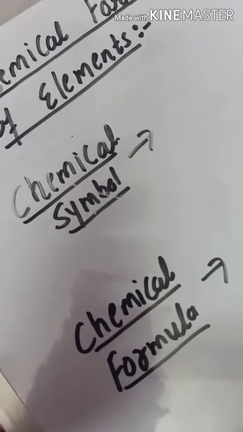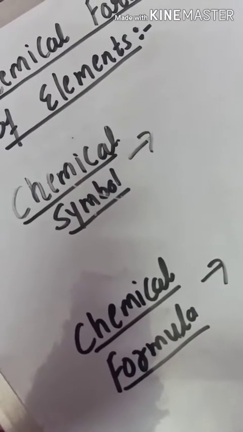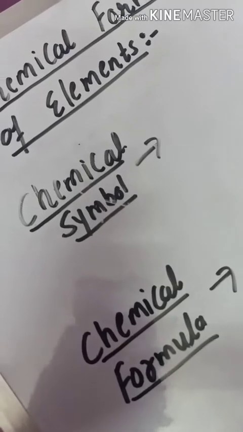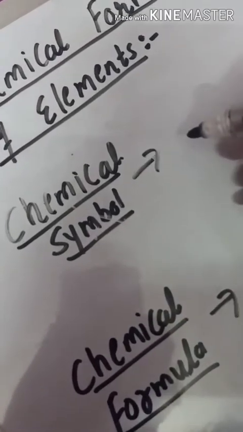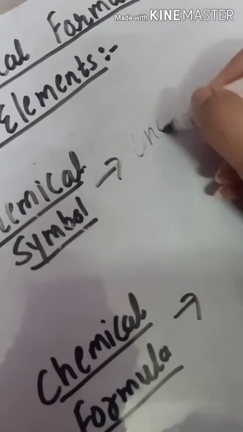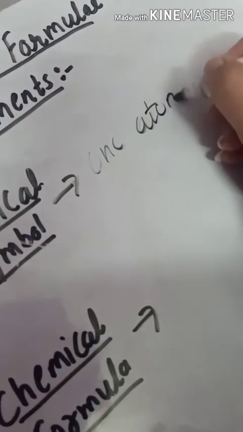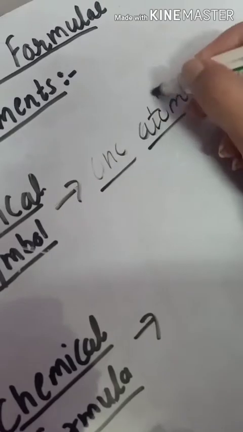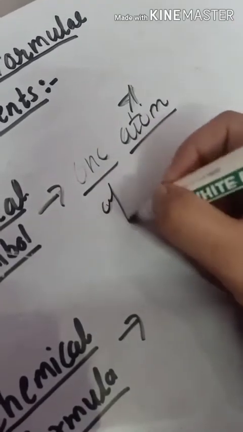So the chemical symbol of an element represents one atom of the element.